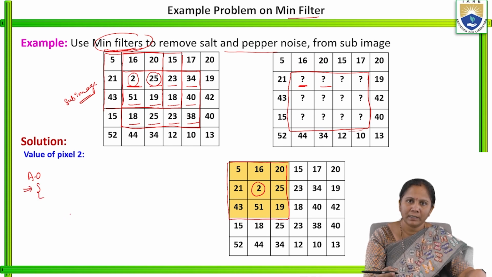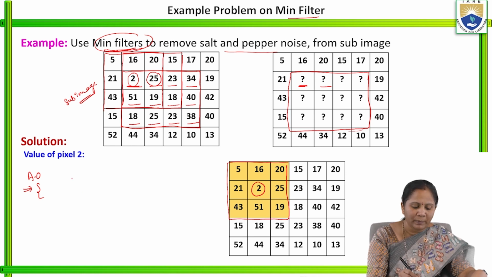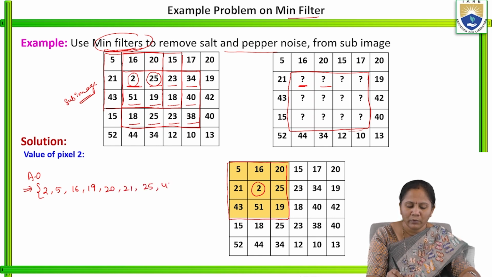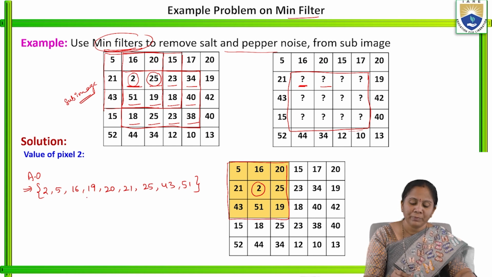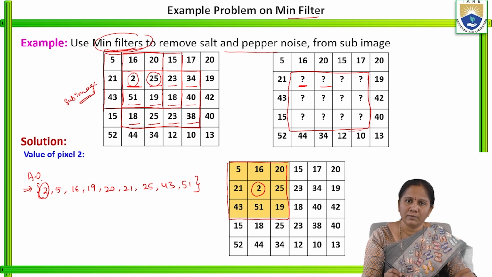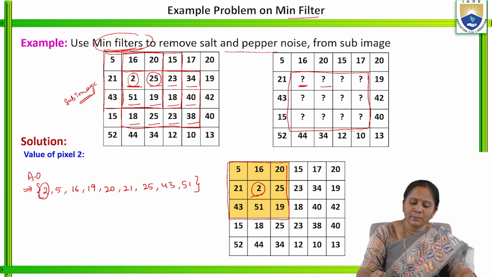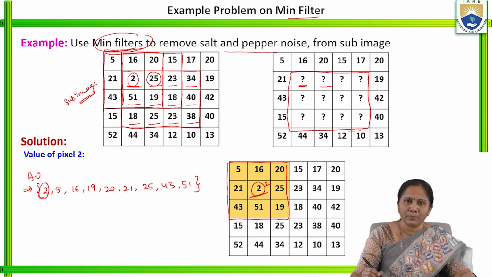For pixel 2, the ascending order is 2, 5, 16, 19, 20, 21, 25, 43 and 51. Among these, 2 is the minimum pixel value. So the old pixel 2 will be replaced with the new pixel value 2.